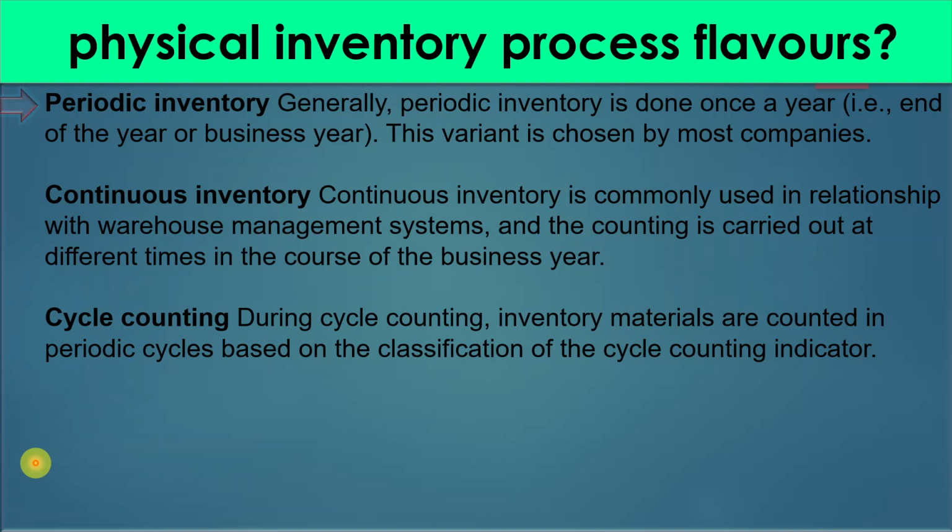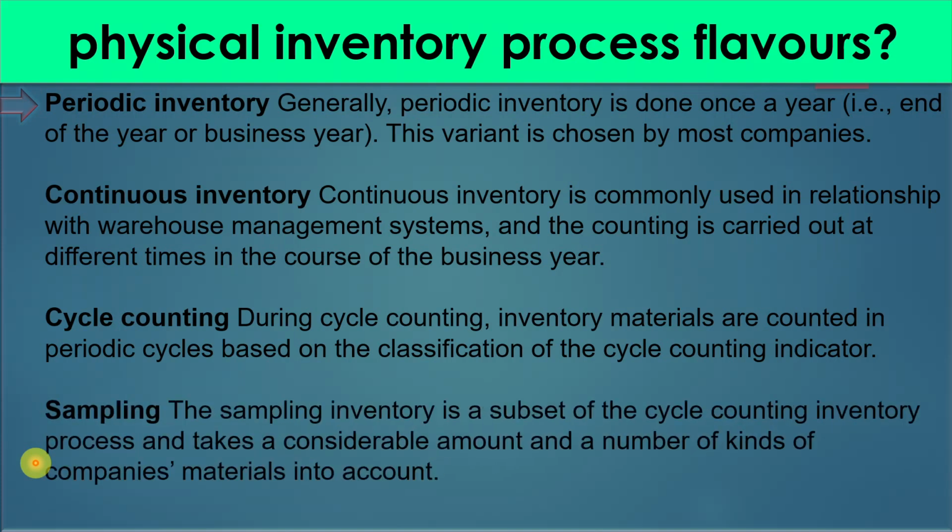I will cover cycle counting in another video later, but this is also another type. And then sampling is a subset of cycle counting where similar kinds of materials are considered for inventory and counted during sampling counting. So these are the four major process flavors of physical inventory.